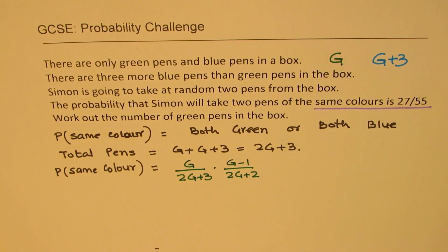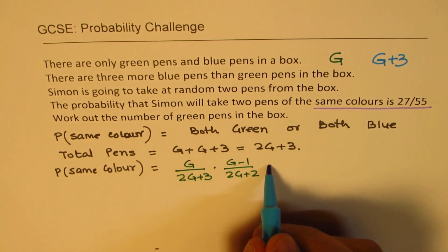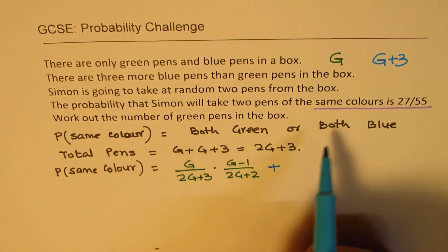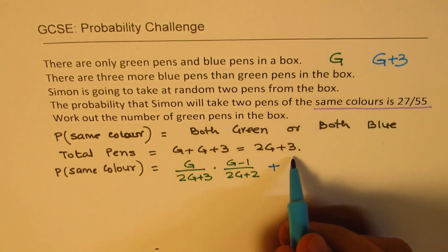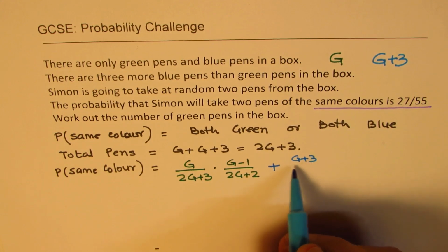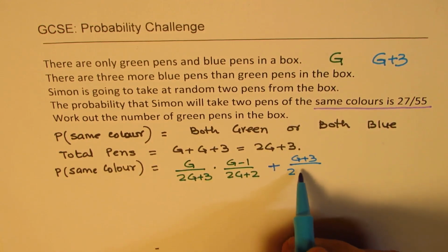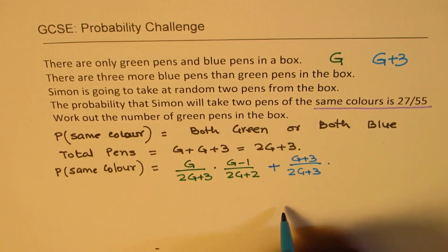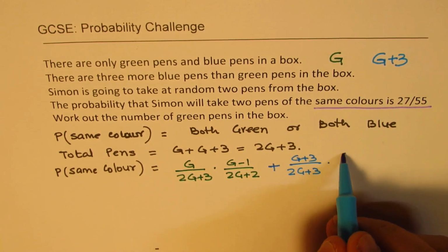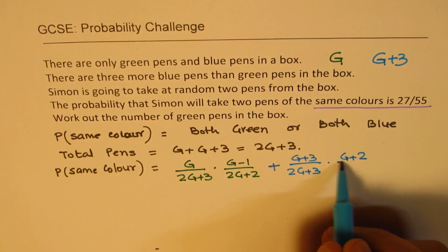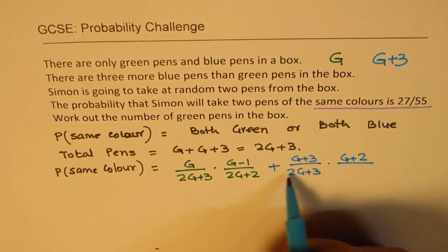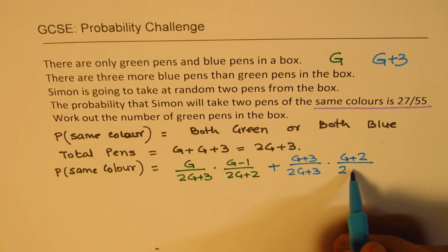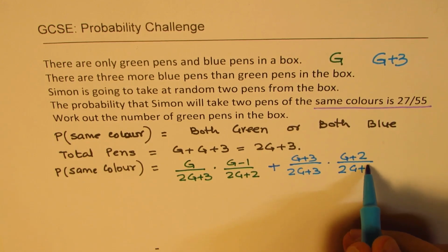Now let's talk about blue pen. For the blue pen, if blue pen is picked first, in that case there are G plus 3 pens. So we say G plus 3 and total is 2G plus 3, right? Now if one blue pen has been picked, one less is there, so we have G plus 2 available, and in the total also one has been reduced, so we have 2G plus 2.